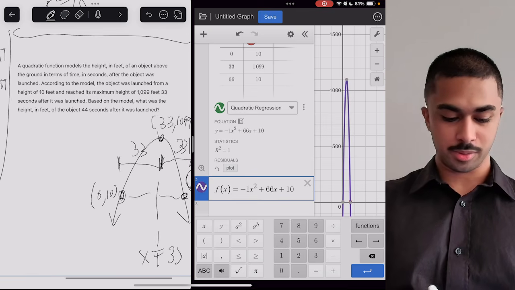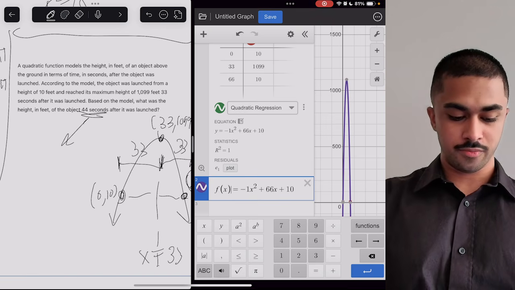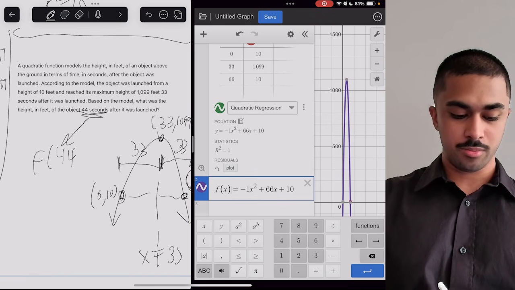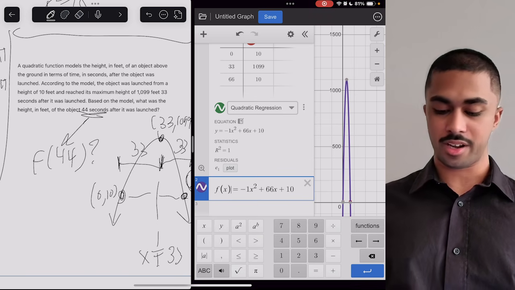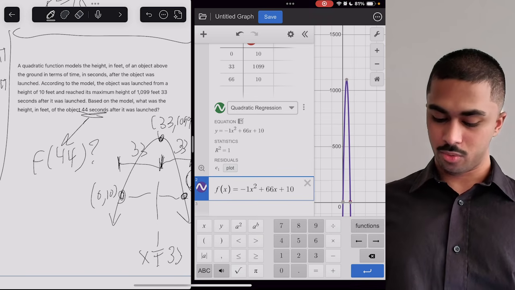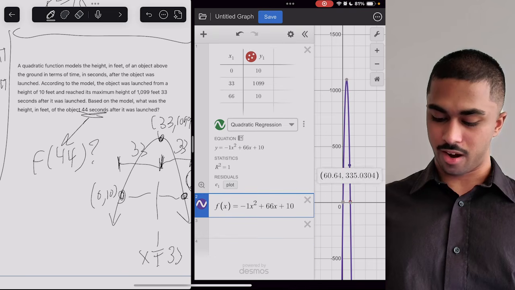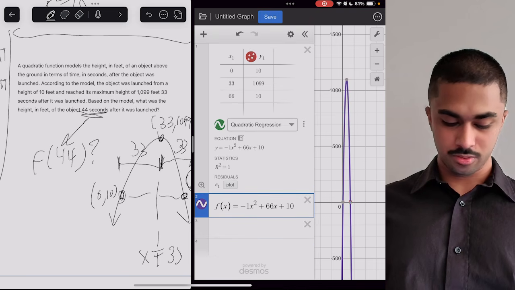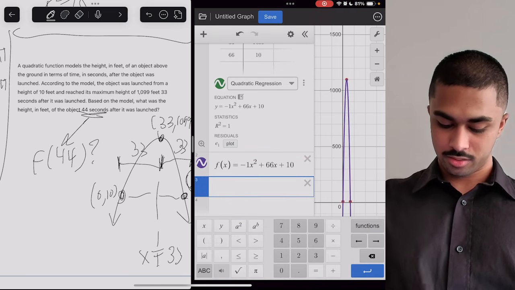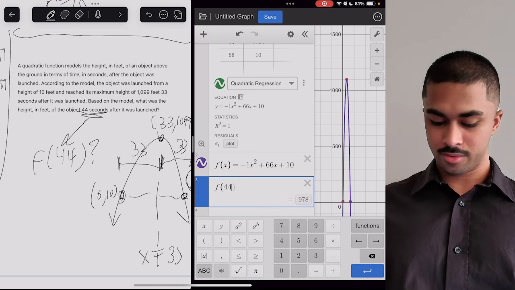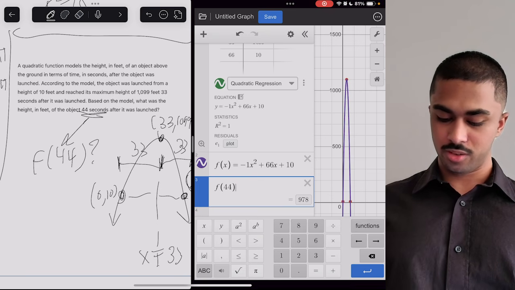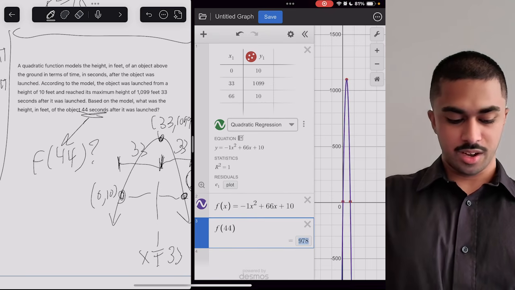And the reason why is because we want f of 44. Basically, the question is asking, what is the y value when x is 44? And instead of trying to find where 44 is on the graph, we can stop being a barbarian and just do it the civil way. 978.